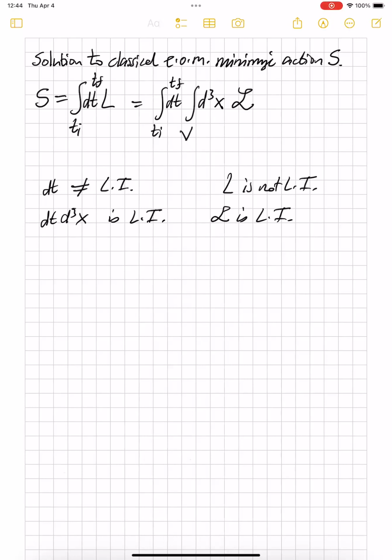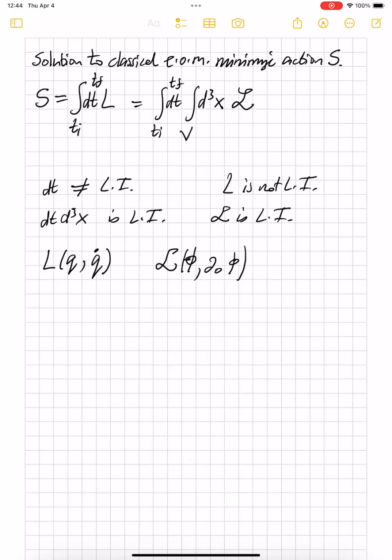Now, what will the Lagrangian density depend on? Well, the Lagrangian will depend on the position of the particle and its derivative, so q and q dot. So you might naturally guess that the Lagrangian will be a function of phi and d naught phi. Okay, now that's not correct. And why not? Well, we want to build something that's Lorentz invariant.